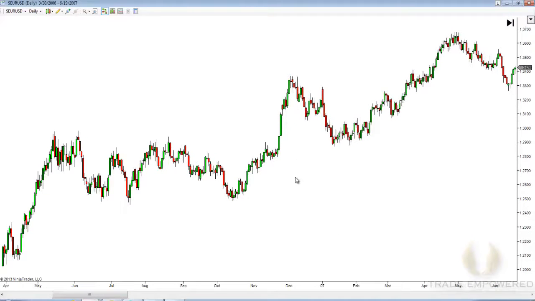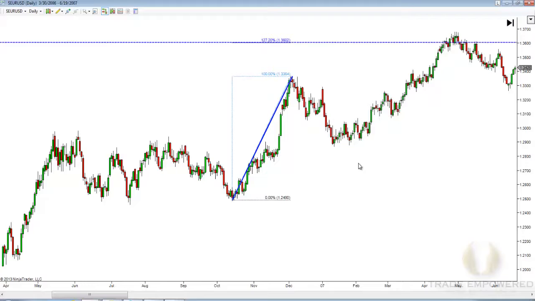We have a beautiful impulse leg right here in front of us. We have our swing low to swing high, and you can see we have our retracement right here. If I take my Fibonacci extension tool, swing low to swing high, and back down, and draw a line right here, look at that. Where does price action go once it extends?